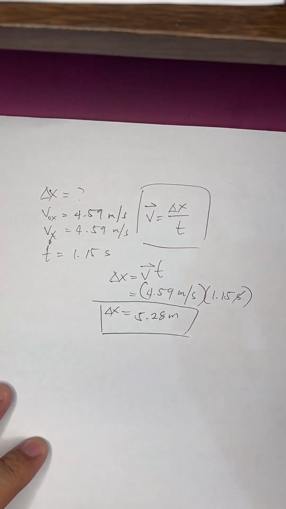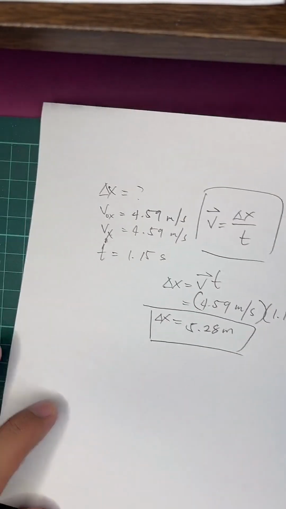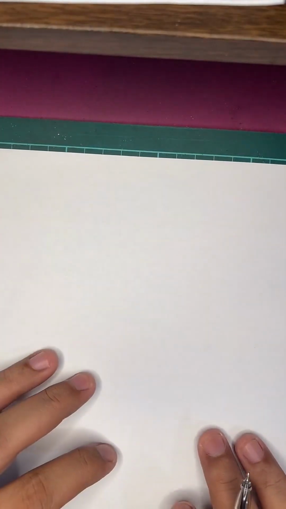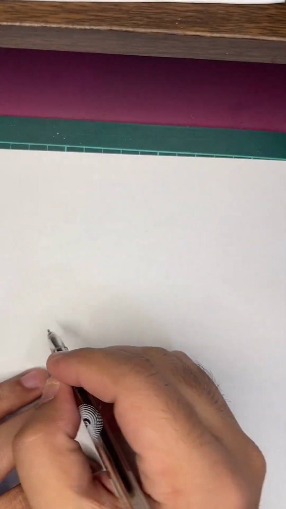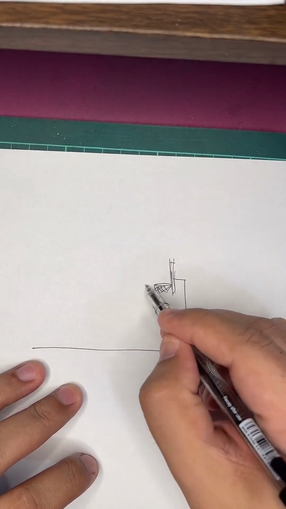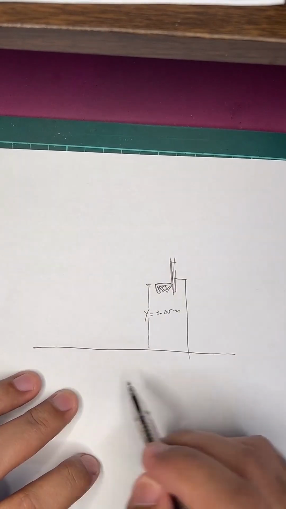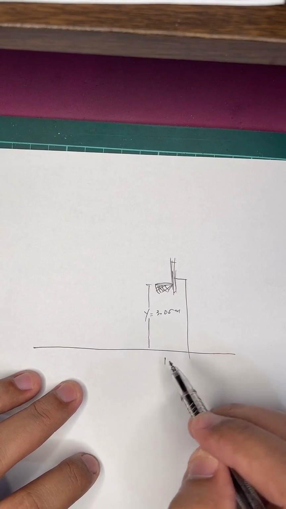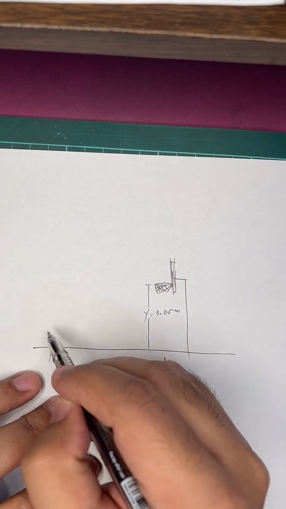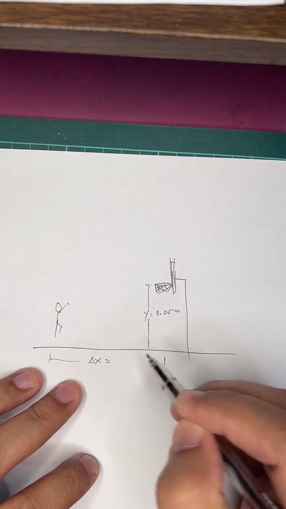So, to put things in context, let's look at our final diagram. Let's just draw the picture again so we would get the final details of our problem. So this is 3.05 meters. The range from here to the player, so delta x, or the range, was 5.28 meters.